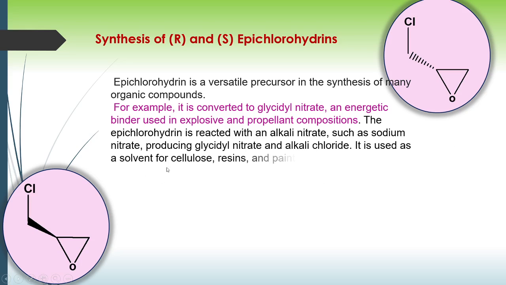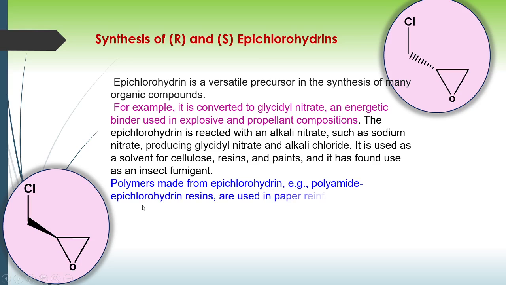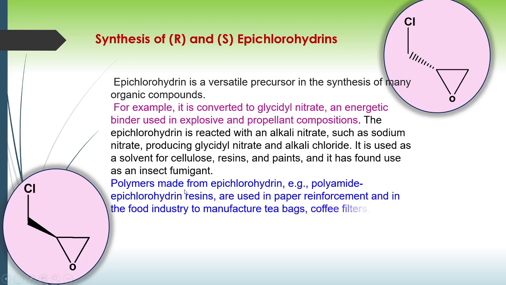It is used as a solvent for cellulose resins and paints, and it has found use as an insect fumigant. Polymers made from epichlorohydrin, for example polyamide-epichlorohydrin resins, are used in paper reinforcement and in the food industry to manufacture tea bags, coffee filters and sausage casings, as well as with water purification.